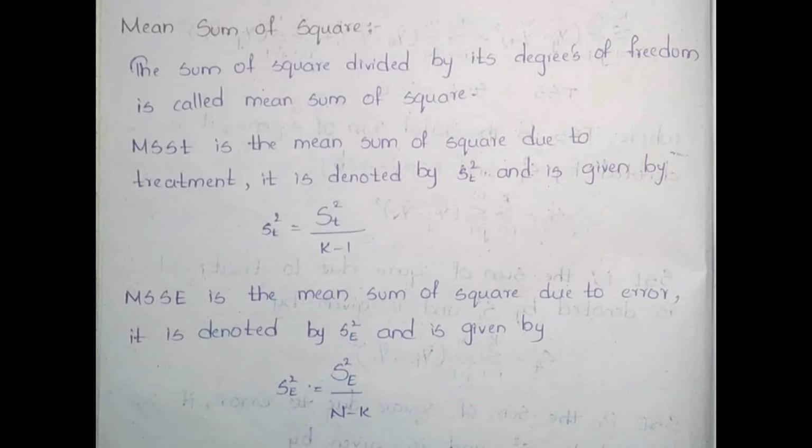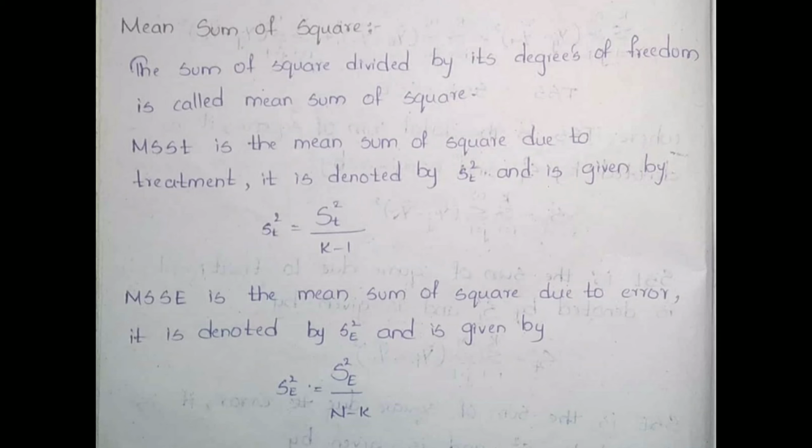After degrees of freedom, we discuss the mean sum of square. What is the definition of mean sum of square? The sum of square divided by its degrees of freedom is called mean sum of square. First we find it for the treatment, MSST, the mean sum of square due to the treatment, which equals sum of square due to the treatment divided by k minus 1.